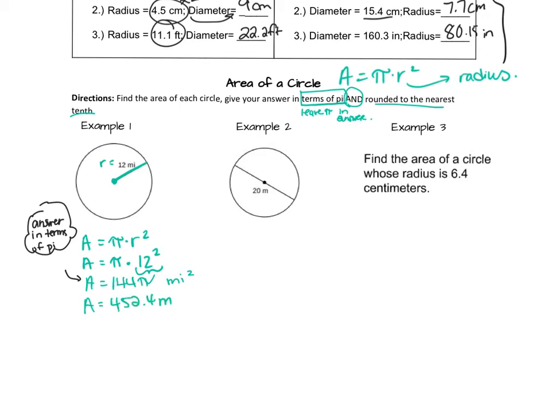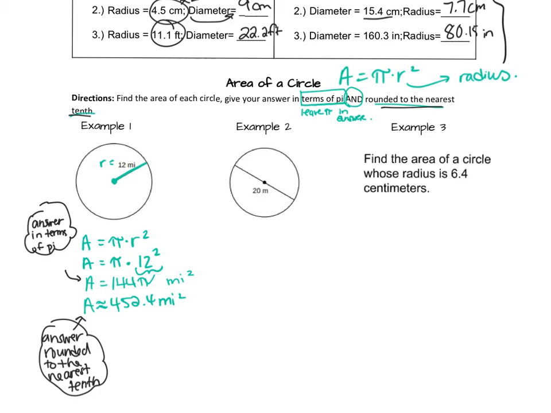And this is miles squared as well, and this is an estimate, so it's not exactly equal to. These are all going to be estimates. So as a reminder, only if they're asking to round to the nearest tenth. If the directions say leave your answer in terms of pi, then we would leave pi in our answer. We wouldn't have to calculate it.